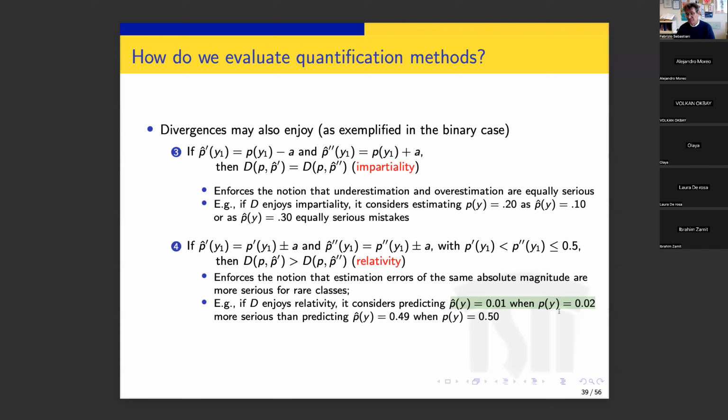Well, if the true prevalence is 0.2 and your estimate is 0.1, you are estimating it to be 50% less than it is, so this mistake is not really a tolerable mistake. But this mistake might be more tolerable, because from a relative point of view, 0.49 is not too different from 0.50. So if these two mistakes are considered equally serious, then the divergence doesn't enjoy relativity. If the second is less serious than this, then we say that the divergence enjoys relativity.